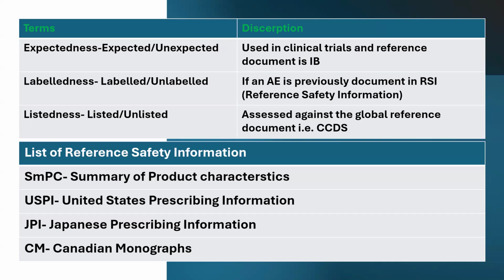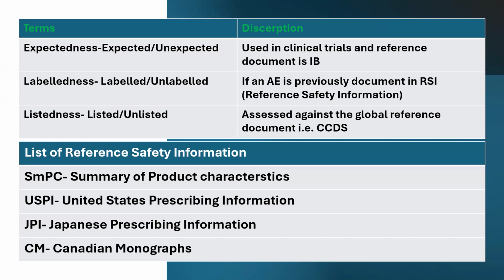Because this is the reference safety information, kind of like written SOPs, and the manufacturer needs to follow the obligations written in it. For example, if it is written that the excipient can be taken at 100 mg only, you cannot exceed the excipient limit of 100 mg.